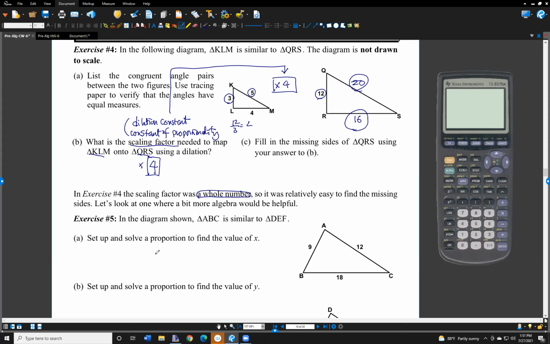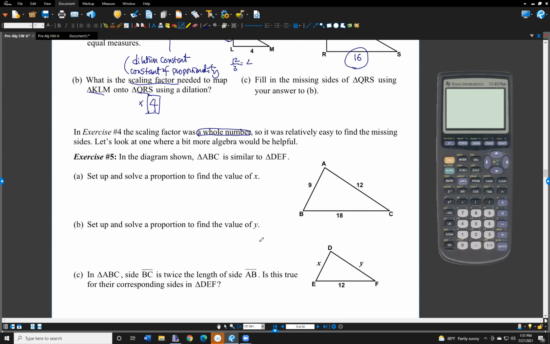All right, set up and solve a proportion to find the value of x. We're going to build this one over here. Triangle ABC is similar to DEF. Which one is the original? This is the original, we start here. This one is dilated, shrunk. So how many times shrunk? We have to check it out.